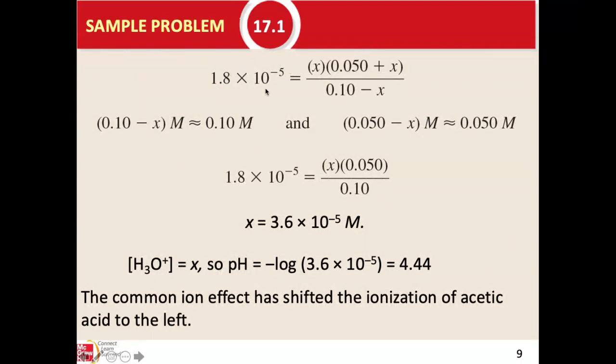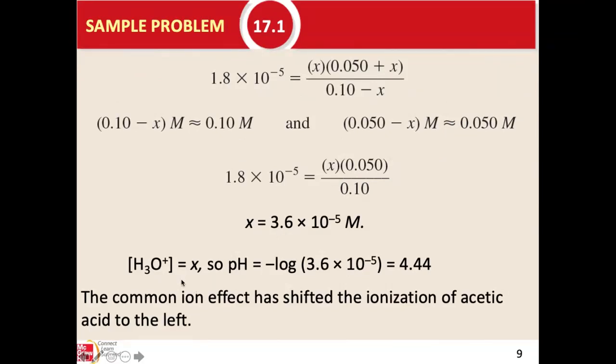This is the Ka of acetic acid. And then we can say that 0.1 minus X is about 0.1, and 0.05 plus X is about 0.05. Then we have to prove that we can do that simplification.